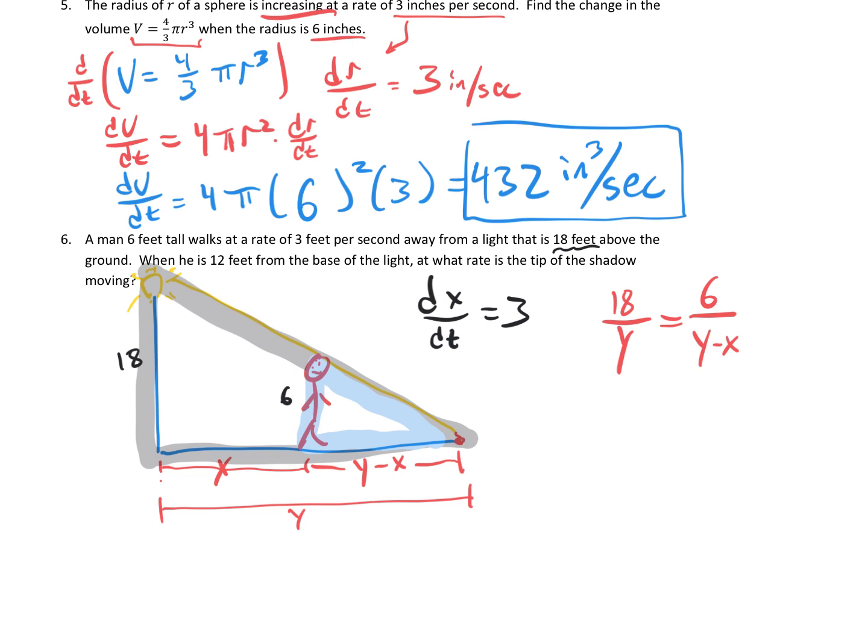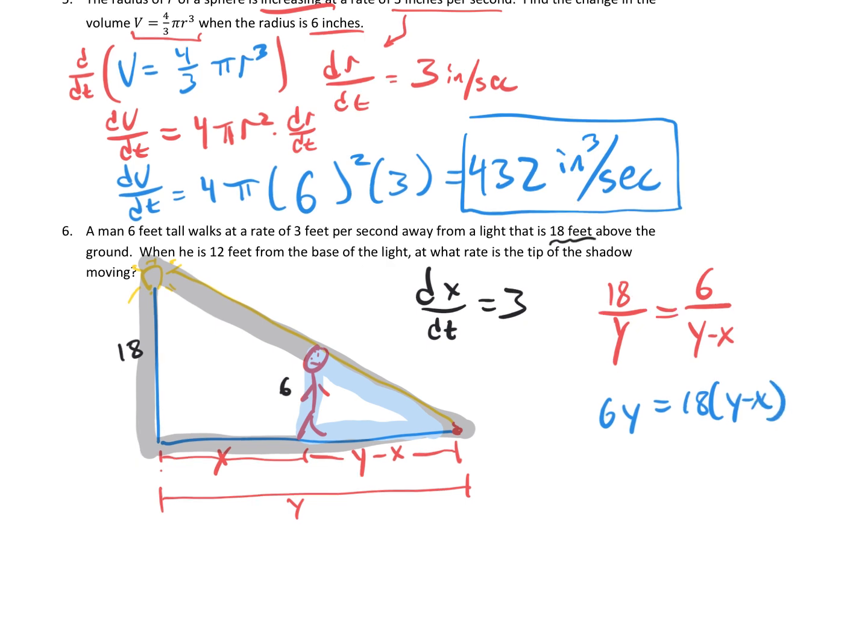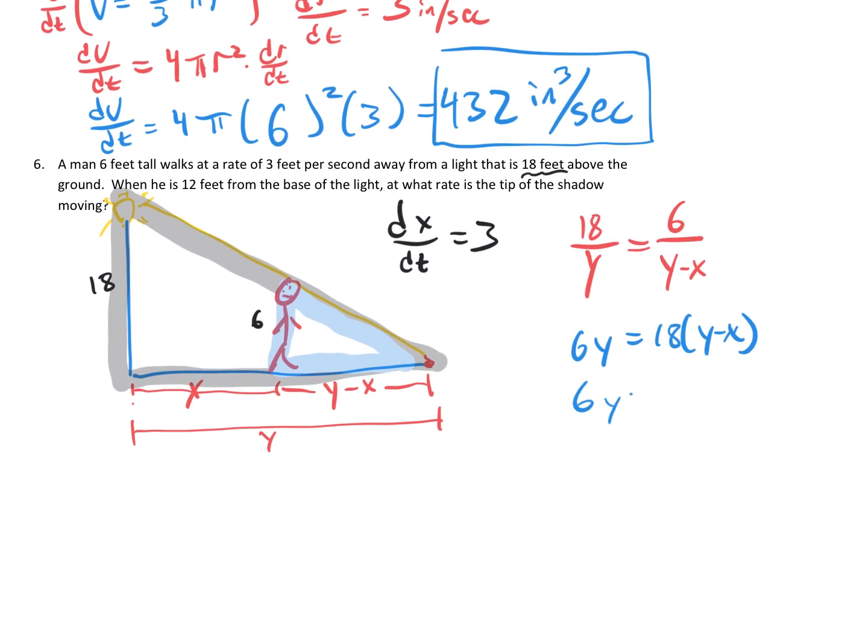Well, if we clean this up a little bit, let's cross multiply. 6 times y equals 18 times y minus x. And so we distribute that out, and subtract 6y over, add the 18x over. There you have it.